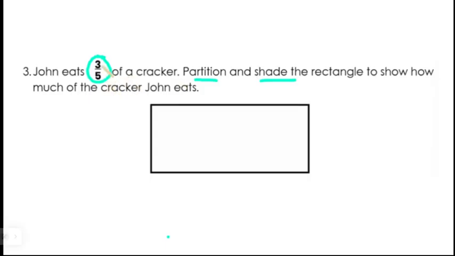Okay, so I'm going to look at my 3/5. I know that this 5 is my denominator. So that tells me how many parts I need. So I need to break this cracker into 5 equal parts. And we're going to try our best to make this as equal as possible. Of course, since we're doing this by hand, it's not going to be exact, but we want to try our best, right? So now I have 1, 2, 3, 4, 5 pieces.